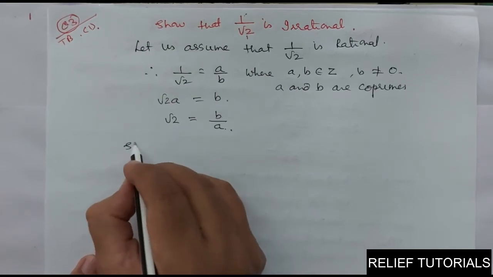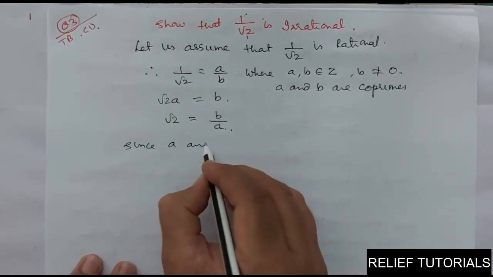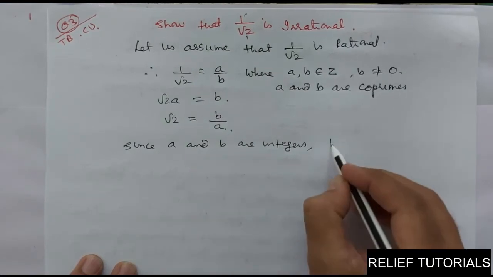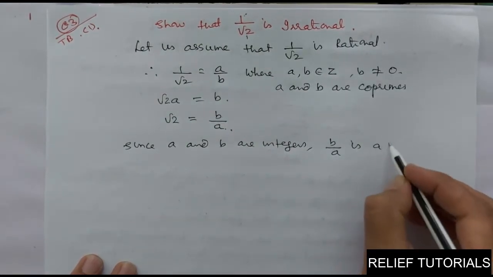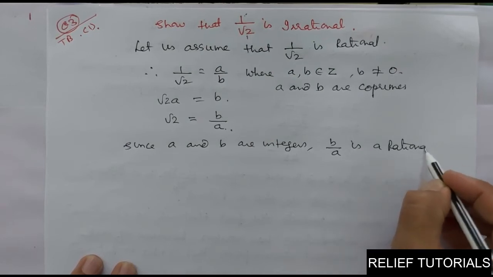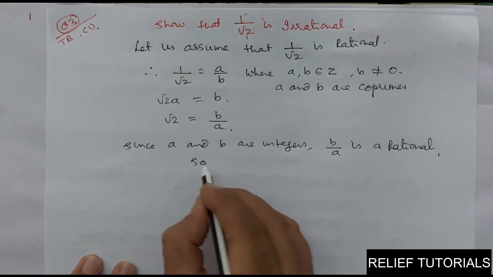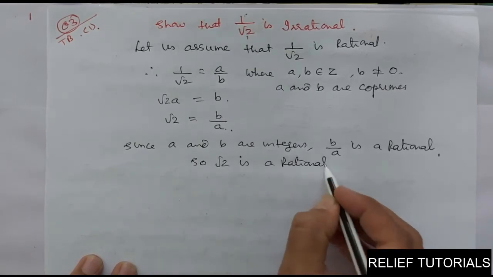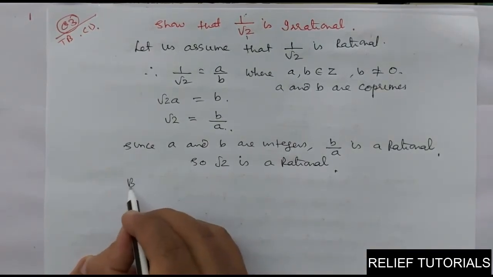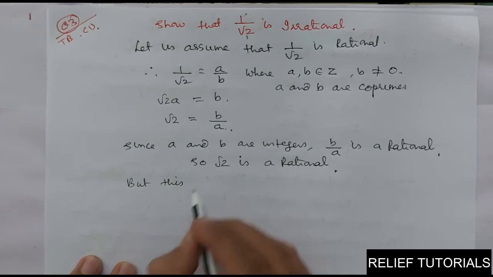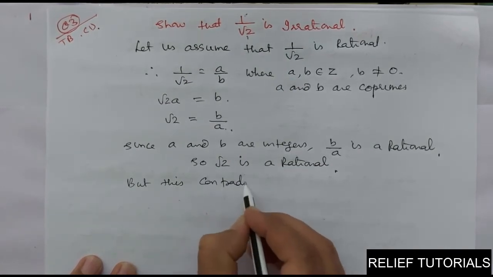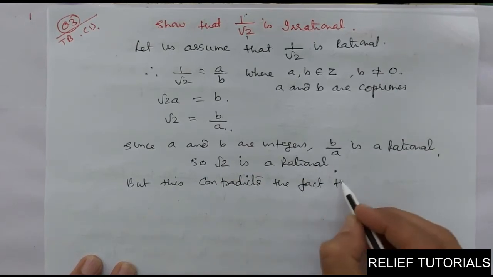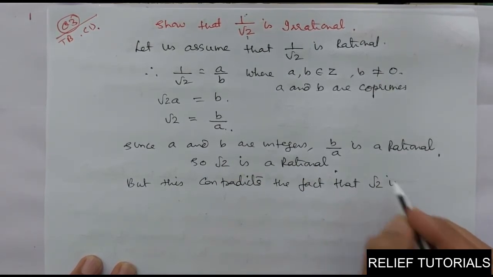Now we can say since a and b are integers, b by a is rational. So root 2 is rational. Clear? But this contradicts the fact that root 2 is irrational.